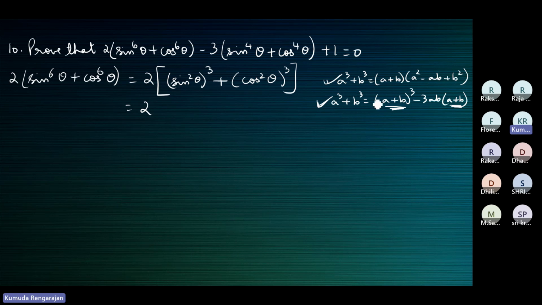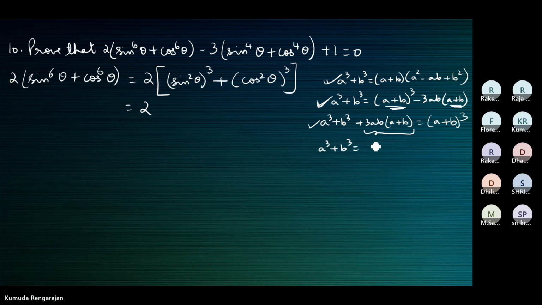We'll see how we get this identity. See, you know the original. A cubed plus b cubed plus 3ab into a plus b is equal to a plus b the whole cube. You know this. This is the identity. Now when you transpose this term, you get a cubed plus b cubed is equal to a plus b the whole cubed. And this term is preceded with the plus sign.